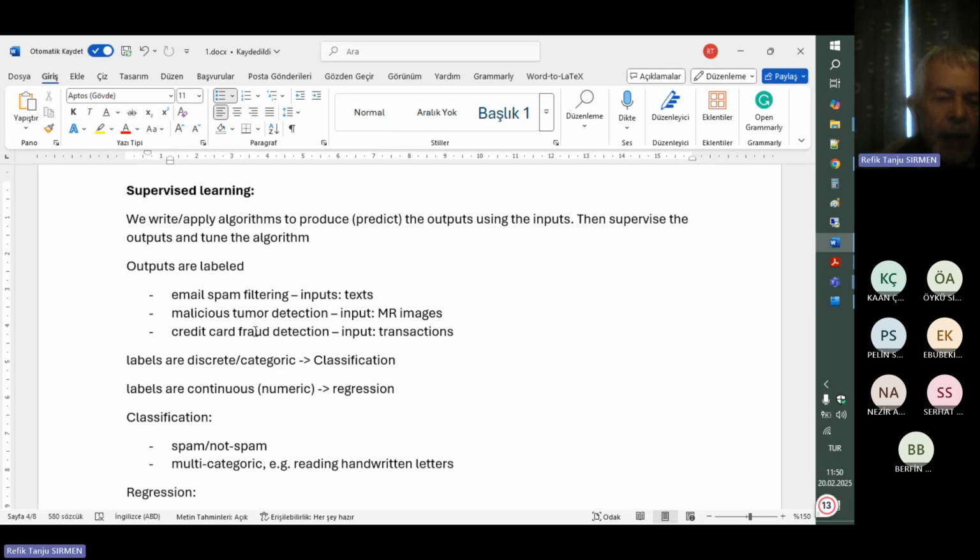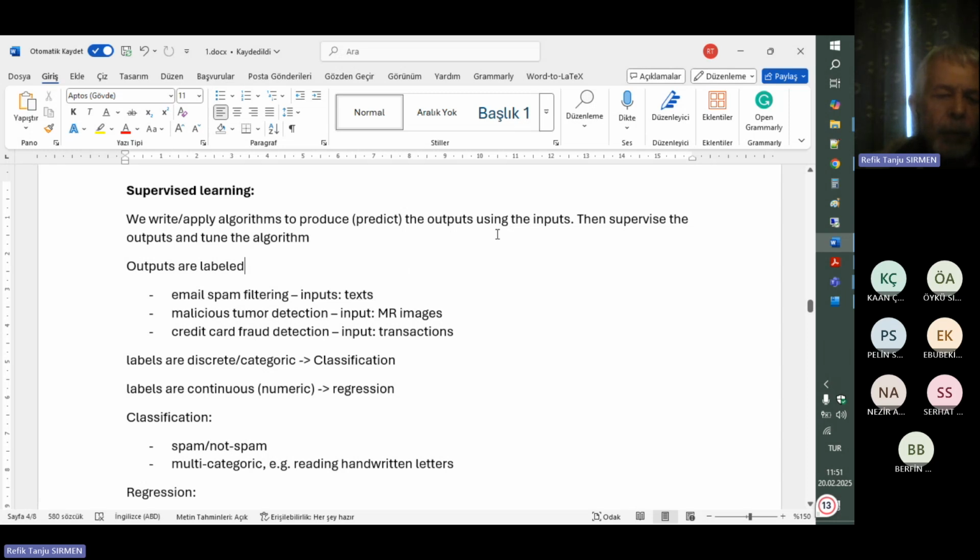So by looking at them, we create some kind of model which helps us predict the output, whether it is spam or a malicious tumor or a fraud transaction or whatever, right?